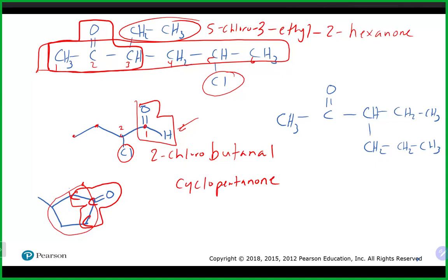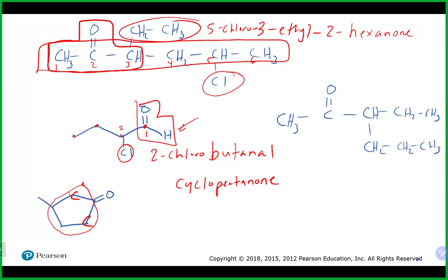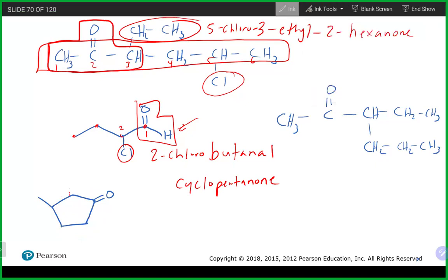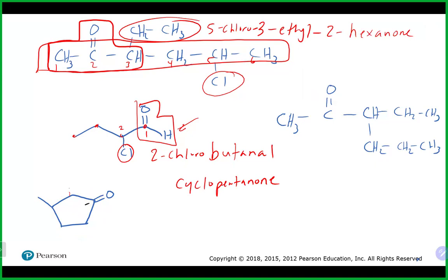As I scribbled all over it here, let me just erase some of that maybe. There it goes. Now, again, we don't need to give the location in this ring structure for this guy, but that is going to be carbon 1, which means coming this way is going to give me the smaller number for my methyl, and that would be a 3-methylcyclopentanone. Any questions on that one there?